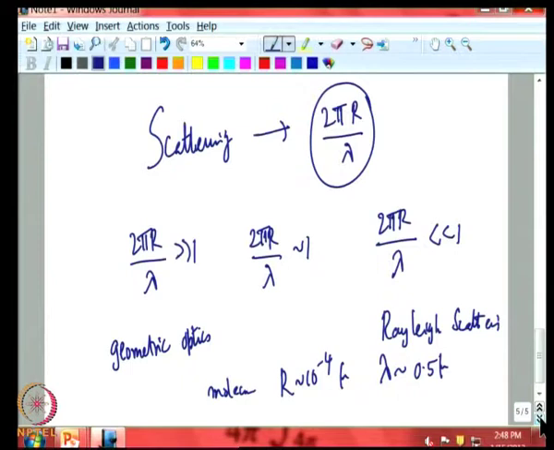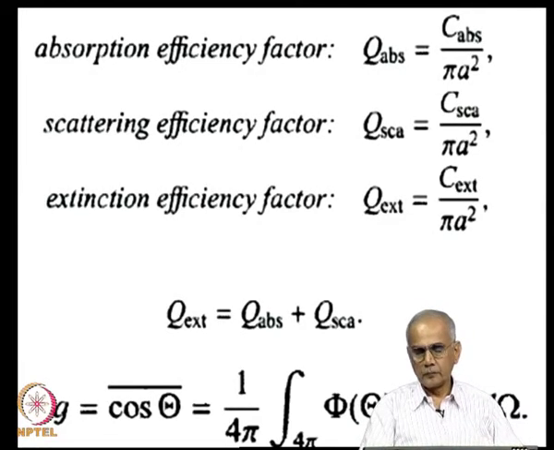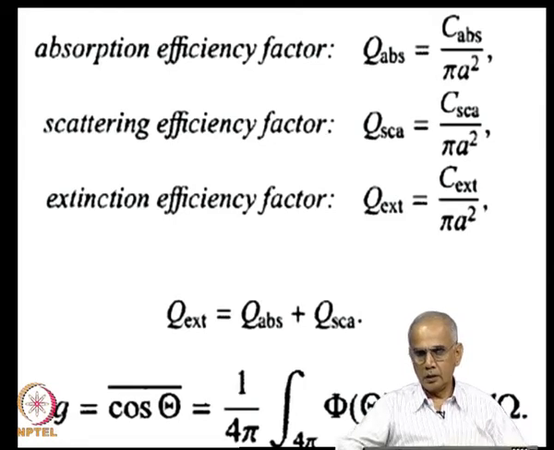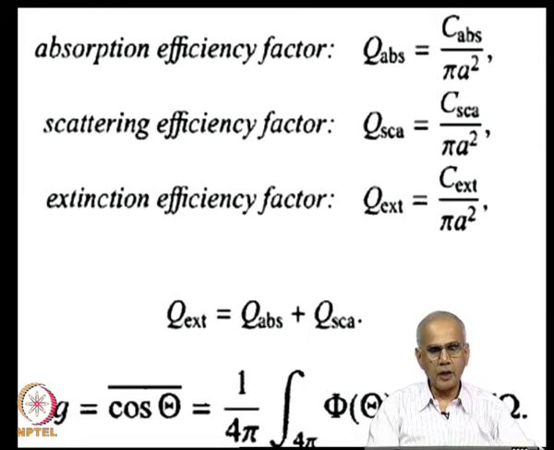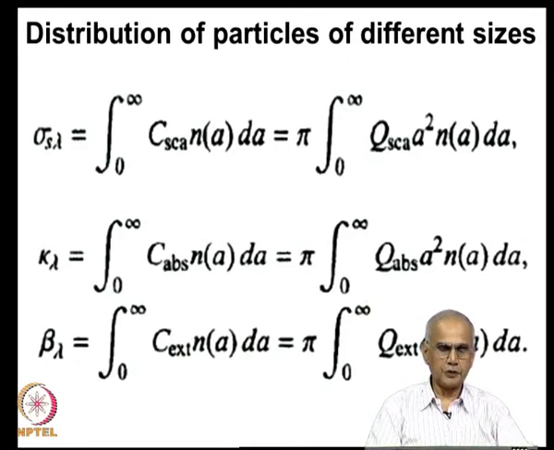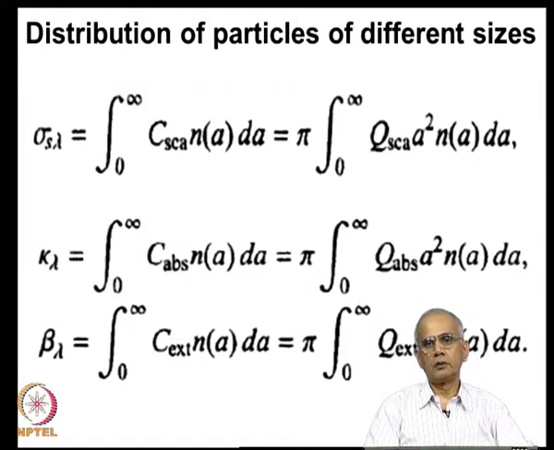Now, the fact that this parameter 2 pi r by lambda plays an important role can easily be seen by looking at calculations of the scattering parameter. But before we do that, let us look at the relation between scattering efficiency and scattering coefficient for single particles.